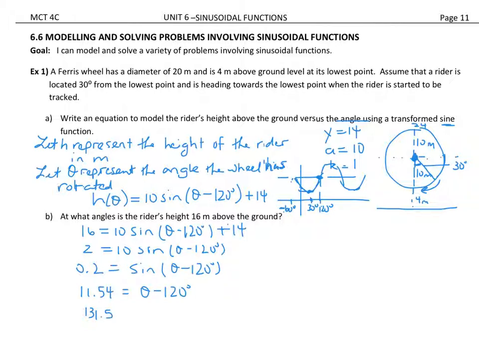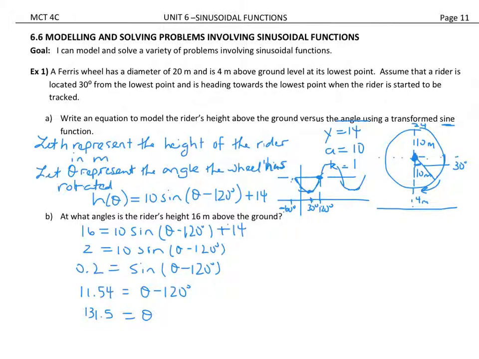Whoa, 131.5. I don't know whether you saw that. The whole screen just flashed and I thought I had lost everything. It was kind of weird on my end, but all right, so that's 131.5 degrees and 16 meters.